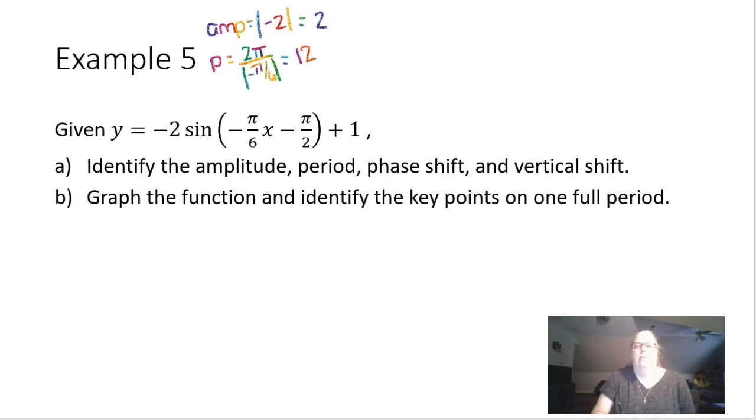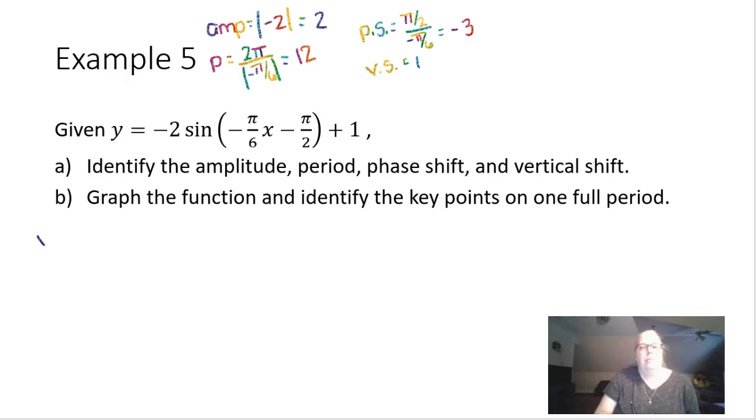The phase shift, this is going to be pi over 2 divided by negative pi over 6. And that, again, when we do it on the calculator, is going to be negative 3. So the pi's are going to end up canceling out again. And then the vertical shift, that's just going to be 1.